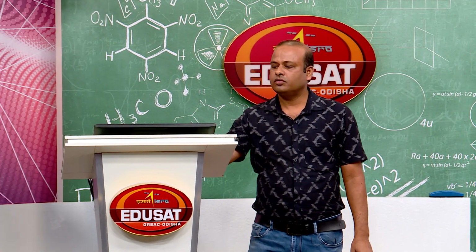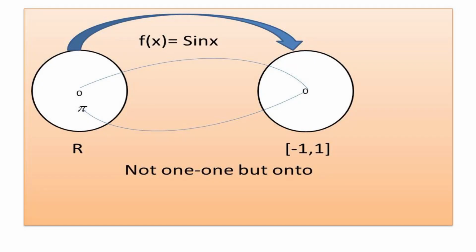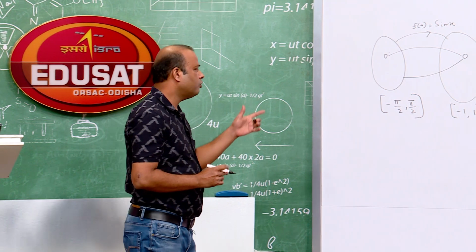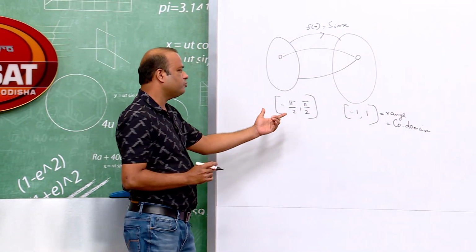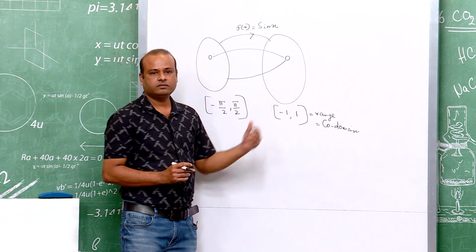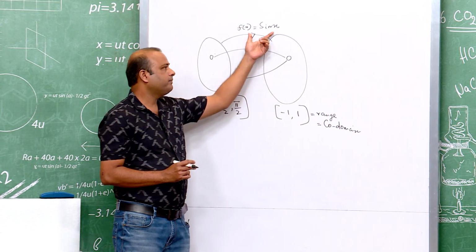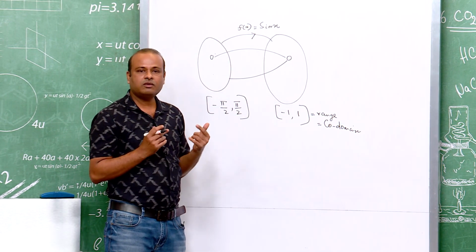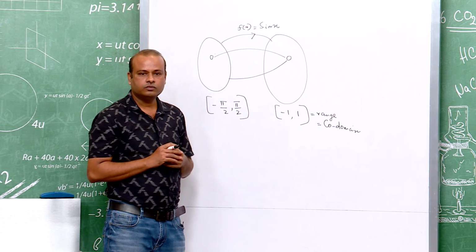You can also show in the diagram, as I have already shown on your blackboard, that the inverse of the function exists from the closed interval minus pi by 2 to pi by 2, to minus 1 to 1. The function f(x) is both one-one as well as onto.